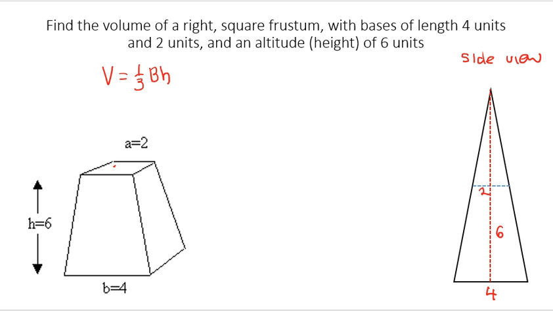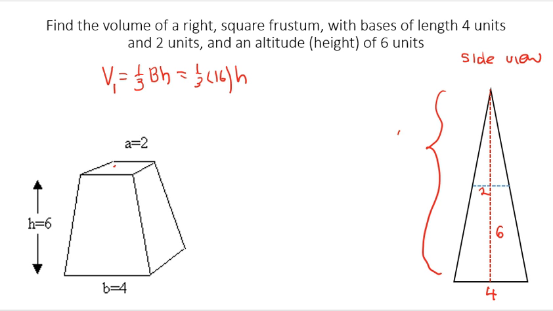So V1 in this case is 1/3 base times height. The area of the base is a square with sides of length 4, so that's 1/3 times 4 times 4, the area of the square, 16, times the height. Now how are we going to find the height?